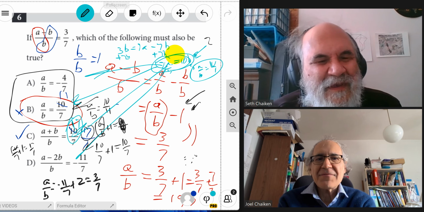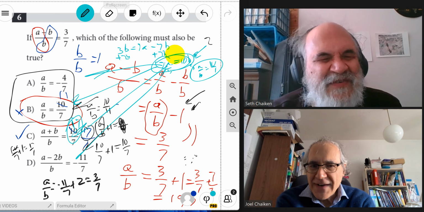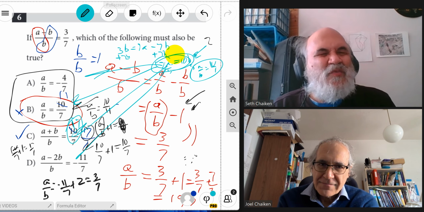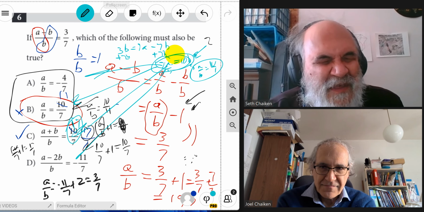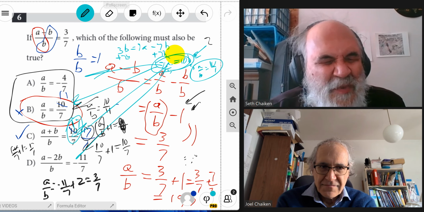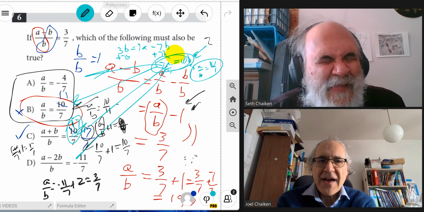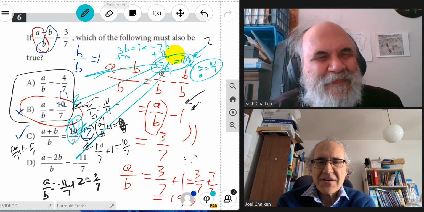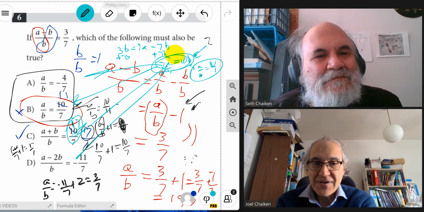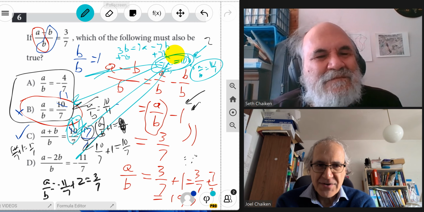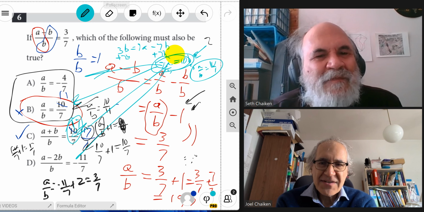If you have one equation and two unknowns, there's either no solution or multiple solutions. Generally, if you have two unknowns, you need two equations to actually pin down both unknowns. And here you have, in a sense, one equation but two unknowns.